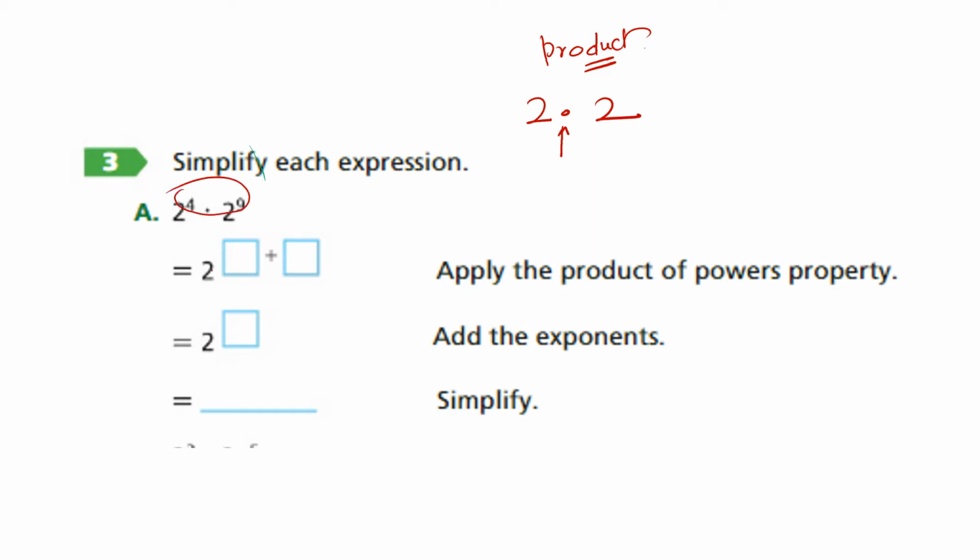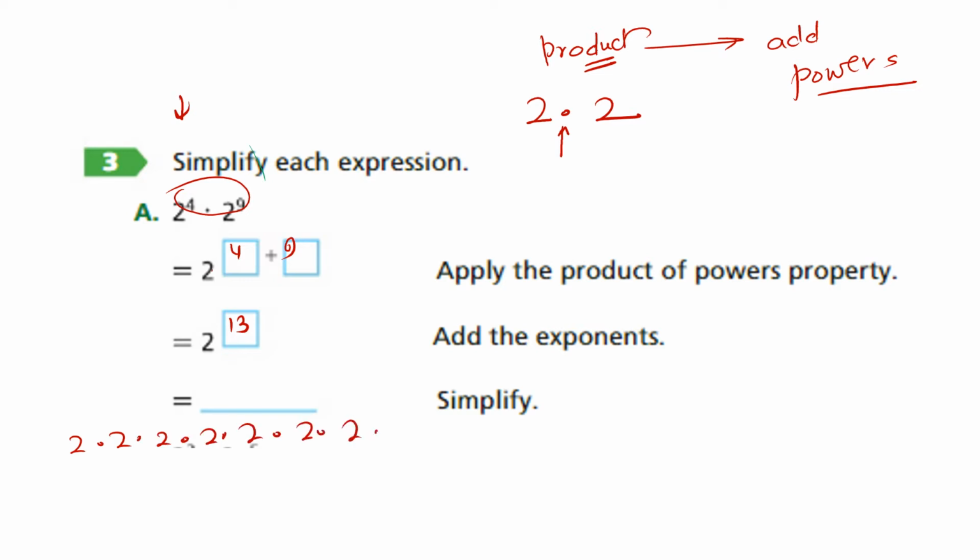So in the product property, we add the exponents. So 4 plus 9. Now 4 plus 9 is what? 13. They are asking you to simplify. It means write the 2 thirteen times.